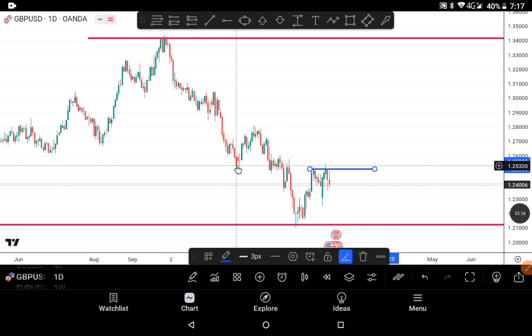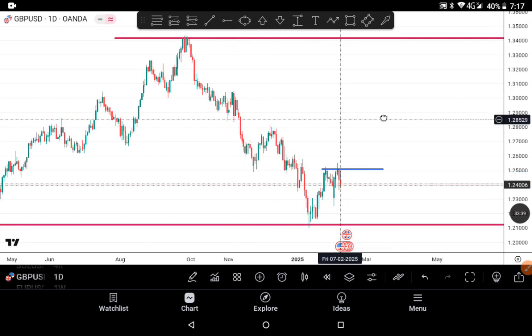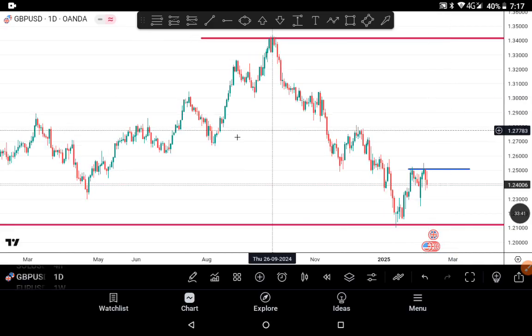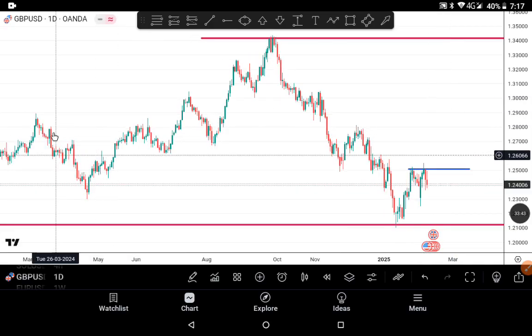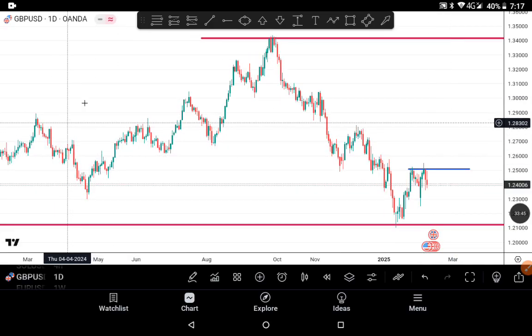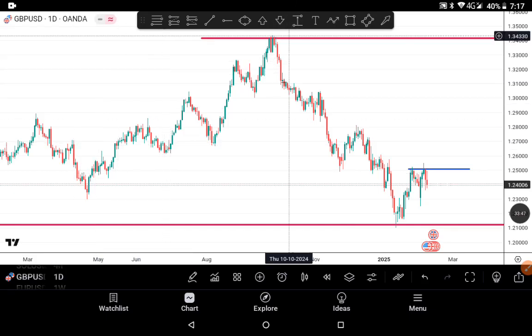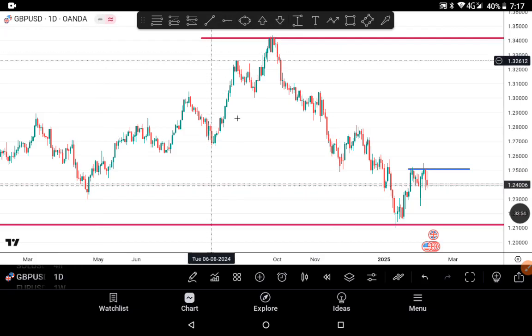Don't forget, if you want to mark, you've been able to mark the support and resistance, and you know how to mark the break of structure and change of character. Let's mark the break of structure and change of character on this side of the chart.